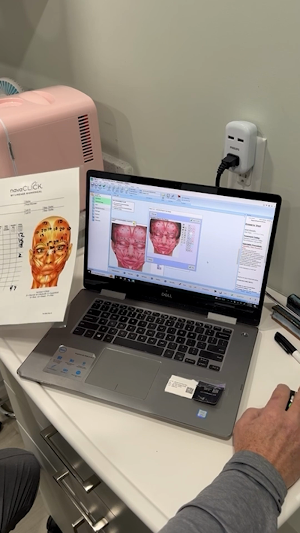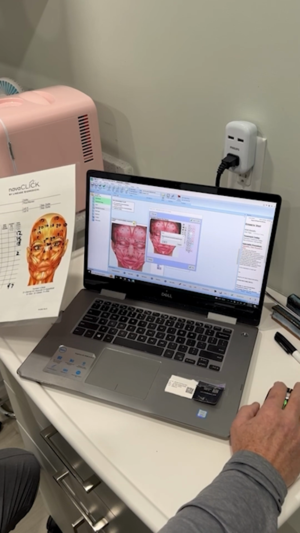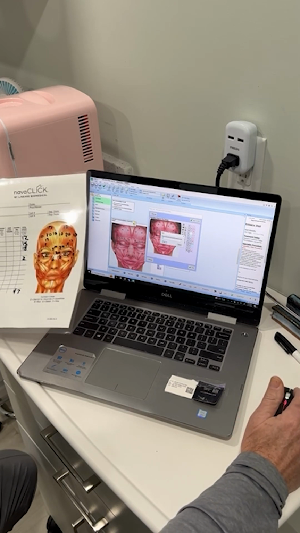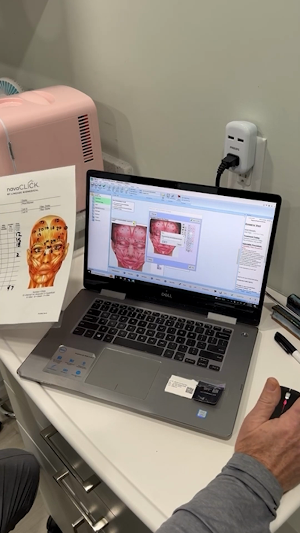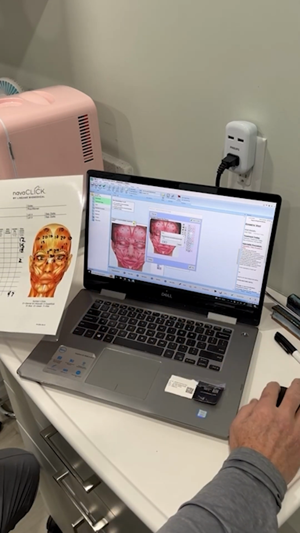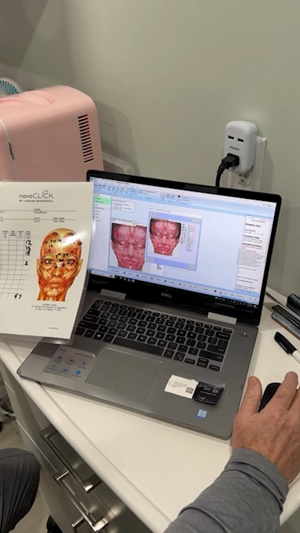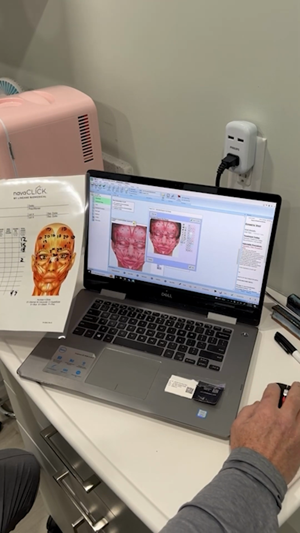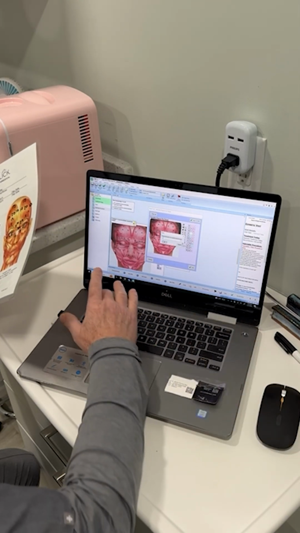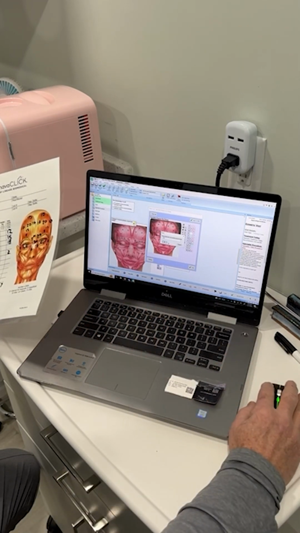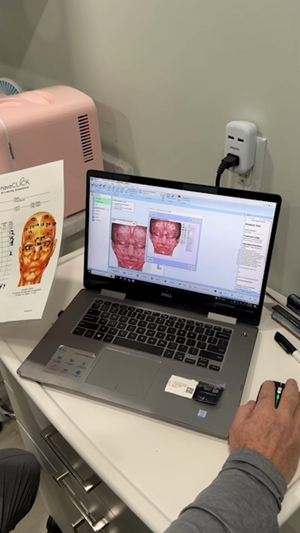So then I go back so that I don't have to think about it next time, and I put how many I put on each area. So that's 12, and I'm going to put a little red 12 right there. So when I'm looking, I don't have to think about it next time I'm there. I did 15 in the glabella, so I do a 15 right there.